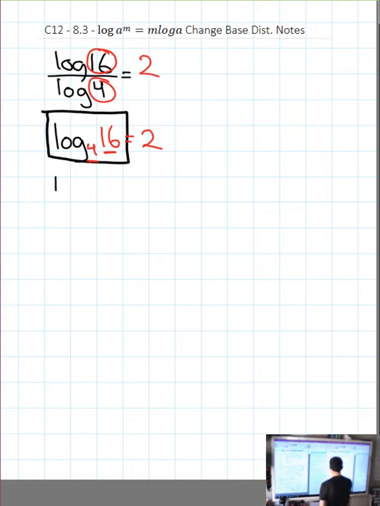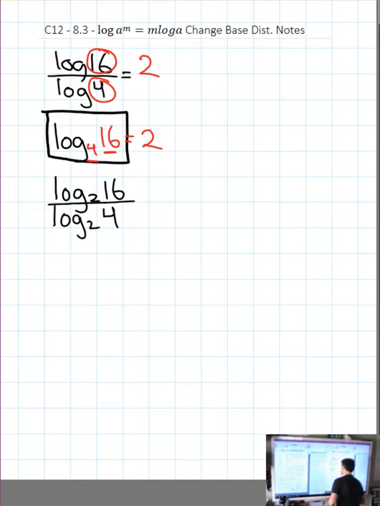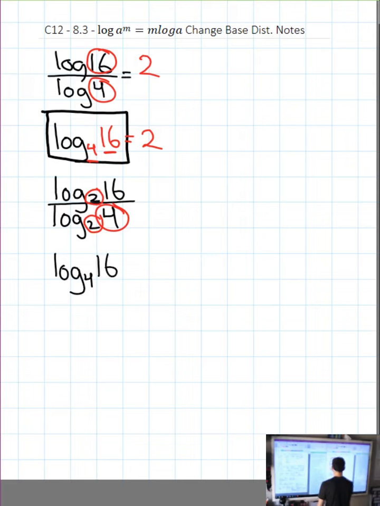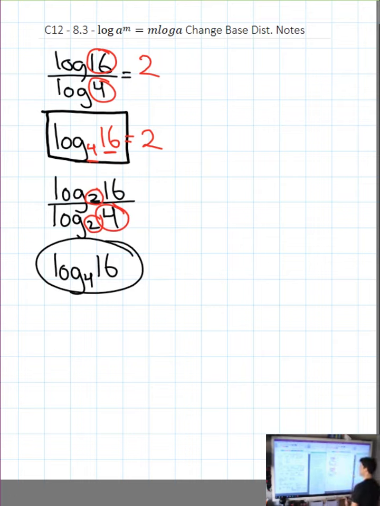Let's do another one. Log base 2 of 16 over log base 2 of 4. Now remember, we can only use the rules on the rule sheet if we have the same base. We do have the same base. So this is simply equal to log base 4 of 16. The 4 stays as the base and the 16 becomes the top. Notice the 2 is gone. The base is arbitrary. We don't need to include that base.